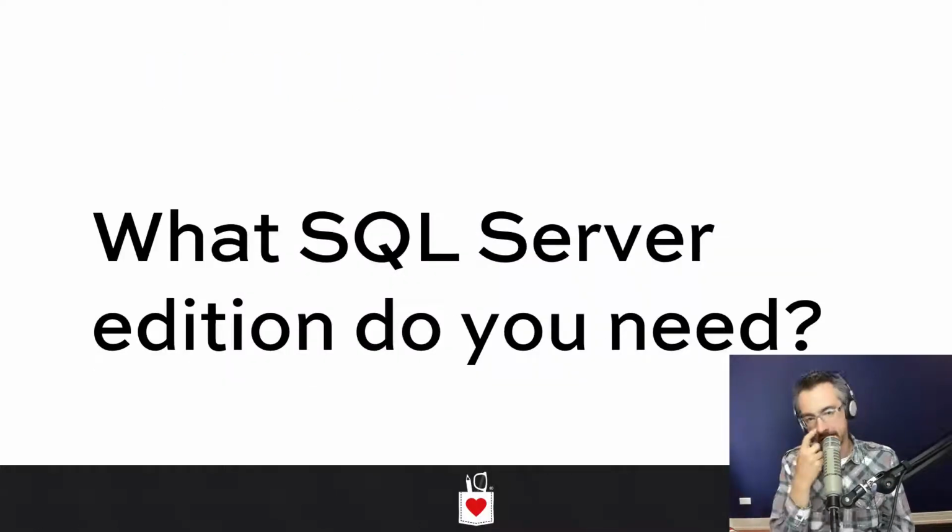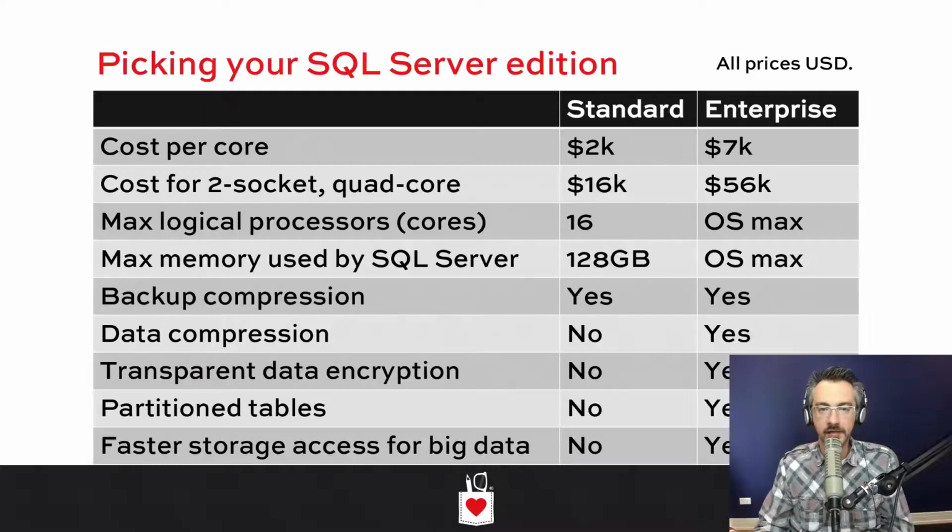Now, I said that we'd pick Standard Edition. Picking your edition is fairly straightforward these days. We got Standard and we got Enterprise. In here, things get a little bit more complex with 2016. More on that in a second.